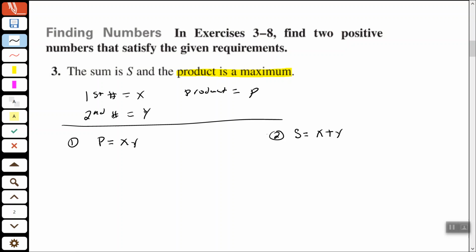So we want to, step three, isolate one of the variables in the secondary equation. So I'm going to subtract y from both sides. And then step four, we want to use substitution and go back to the optimized equation. So I'm going to replace x with s minus y.